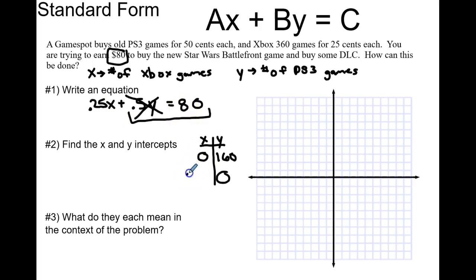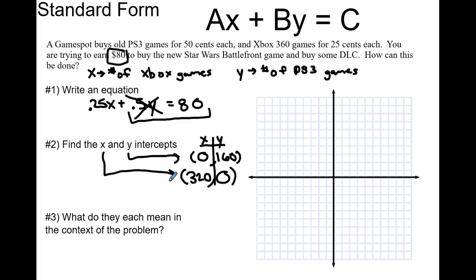That would be 320. So there we got 2 points, our x and y intercepts. We would just put a comma in between them. Our y-intercept is when x is 0, and our x-intercept is when y is 0.